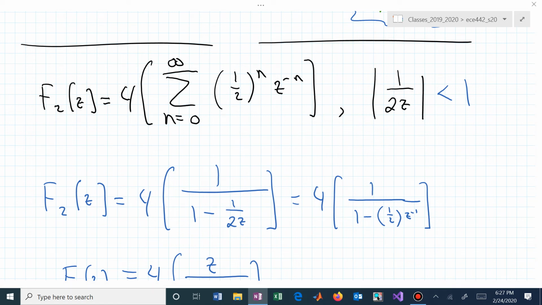In order for that to happen, we need this to be less than 1. Or, scaling both sides by the magnitude of z, now we know that |z| needs to be beyond 1/2. This region of convergence for this piece is unbounded.